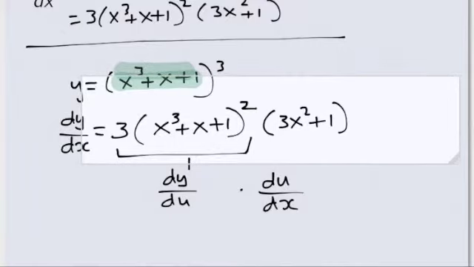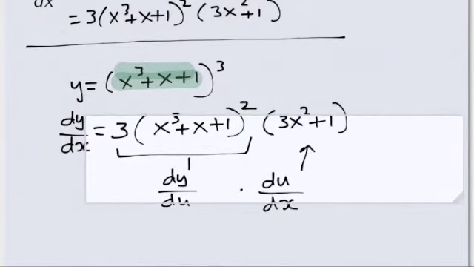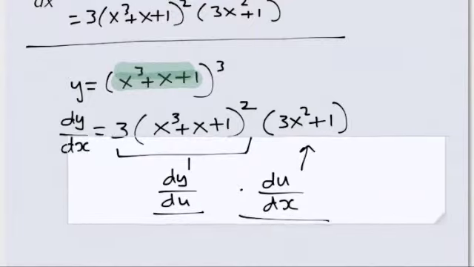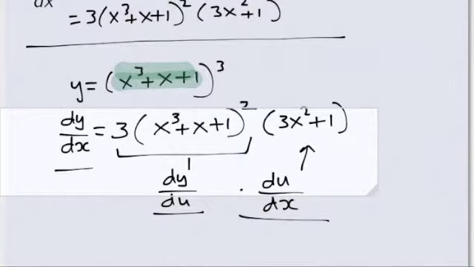So what we've got here is the derivative of u with respect to x. So the chain rule states that dy du multiplied by du dx in fact gives us dy dx.